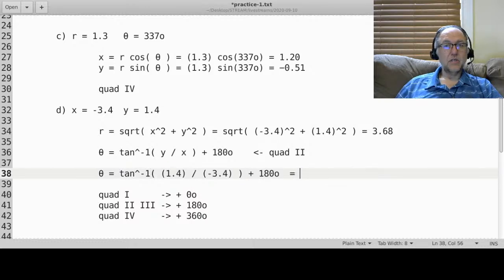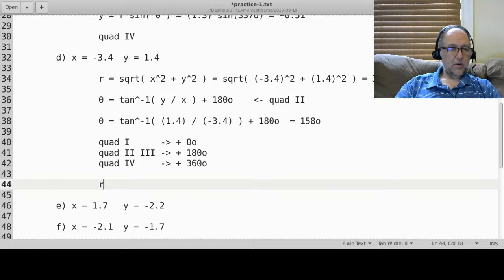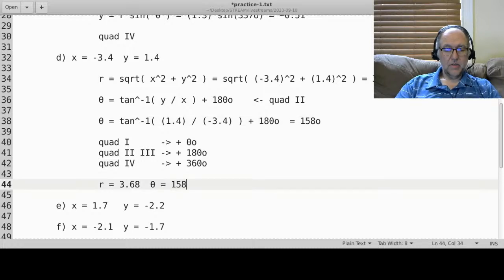All right, and that turns out to be 158 degrees. That number rounds to 158 degrees. So the full answer is, let me just rewrite it here: R is equal to 3.68 and theta is equal to 158 degrees.